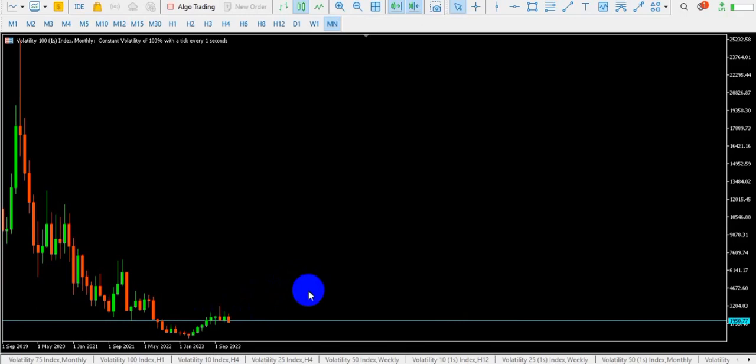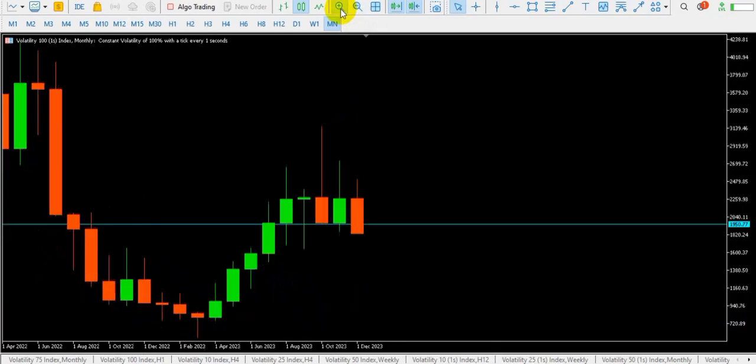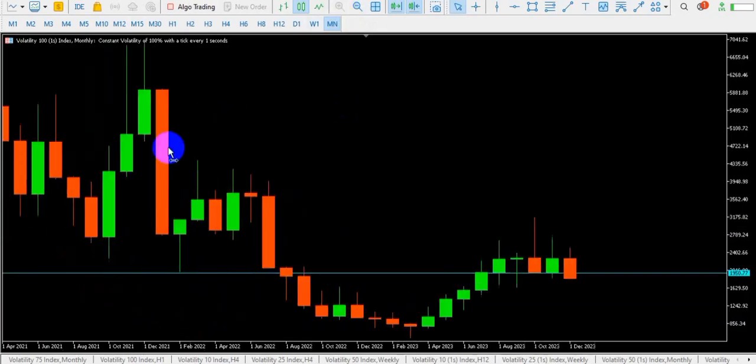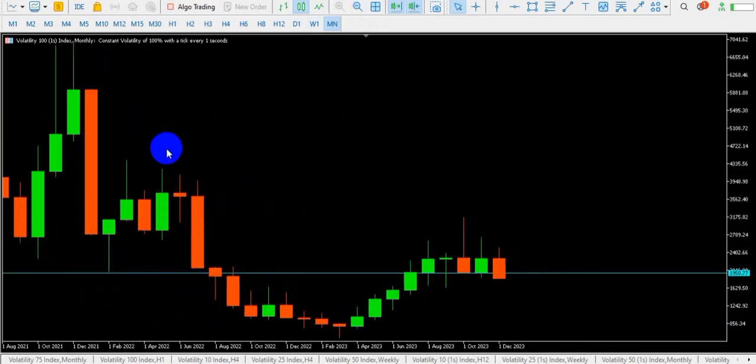Now I'm going to be doing a little backtest on this. What do we see over here? Let me zoom in so you guys can see properly. We saw that the monthly is bearish. We know the order flow is bearish on the monthly time frame. Now we have a fair value gap here, right?